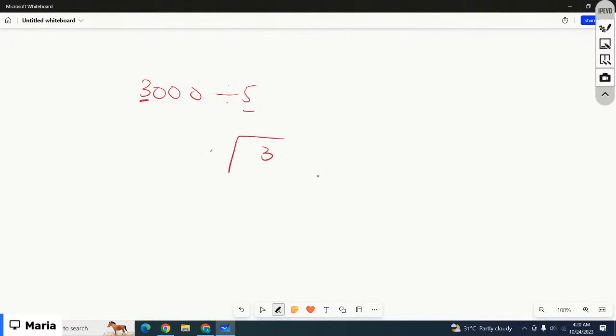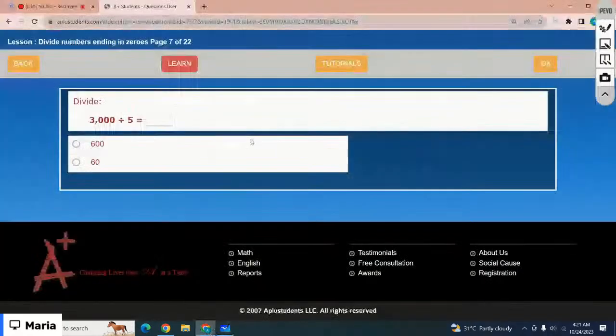You have just 3 divided by 5, right? You cannot divide because 3 is smaller than 5. So you need to add 1 zero. Now you have to count 5. 5 times 6 is 30, right? How many zeros are you left with here? 2. So the answer must have 2 zeros. So the correct option is 600, not 60.